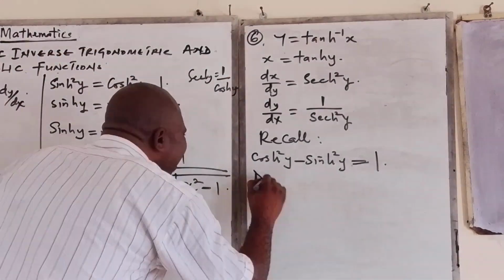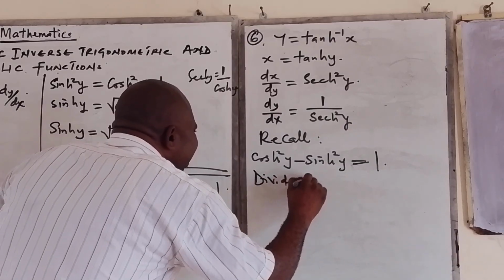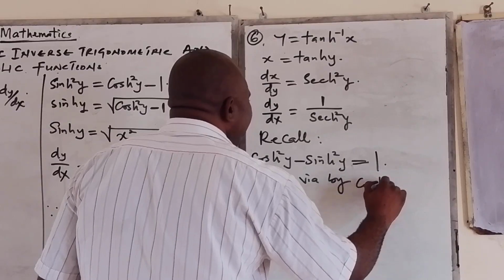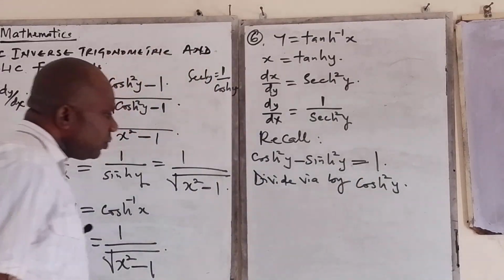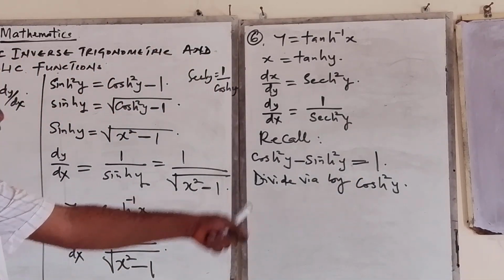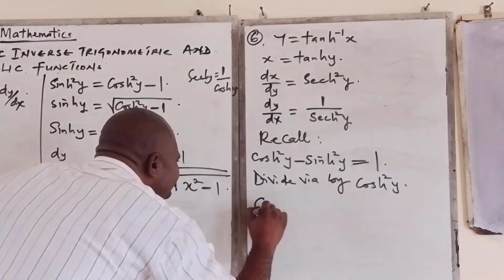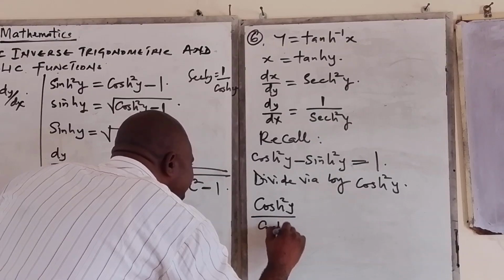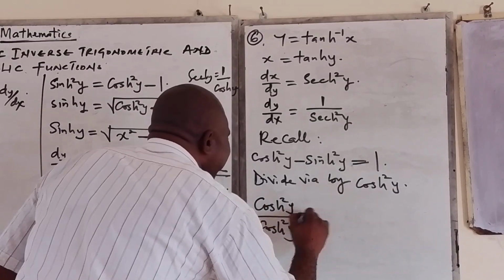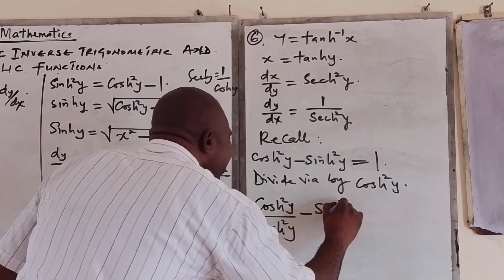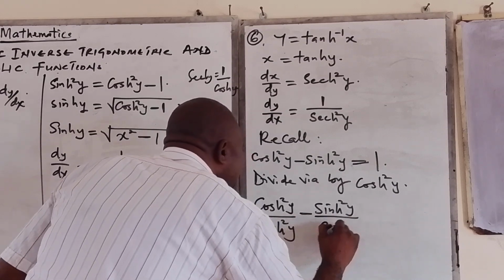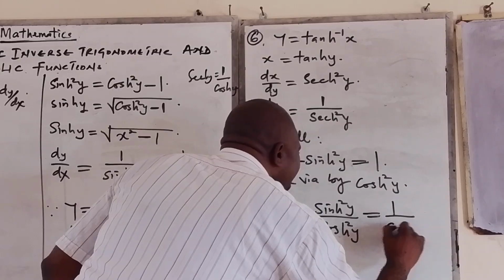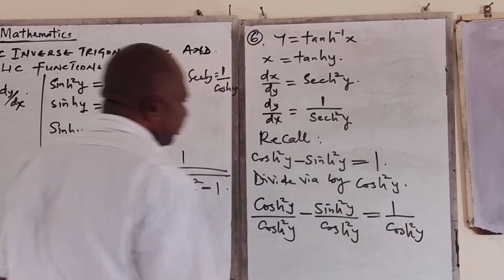So now I'm going to divide through by cos h square y. Dividing through, we have cos h square y all over cos h square y minus sine h square y all over cos h square y is equal to 1 all over cos h square y.